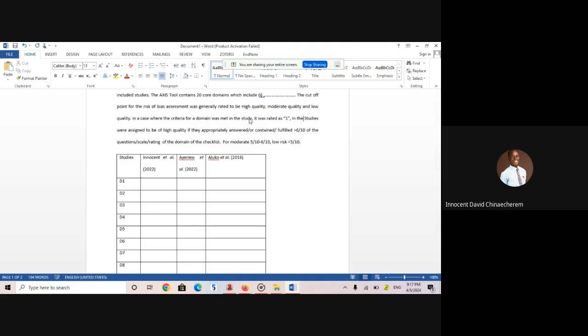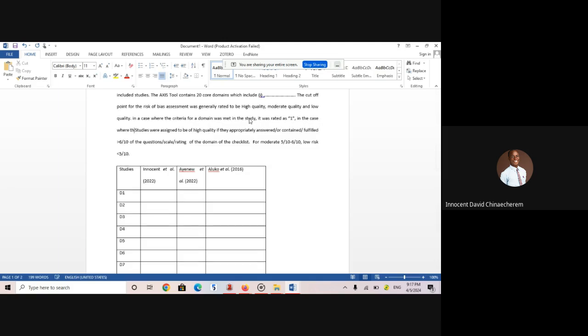I should have written out all the questions here, but there is no time for that. So we classify it as domain, but I'm going to explain what I meant by that. Now, in the case where the criteria was not met, right? It was rated as 0.